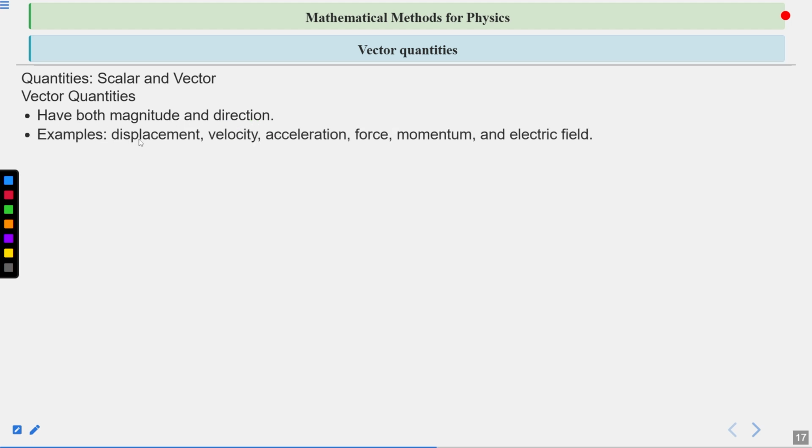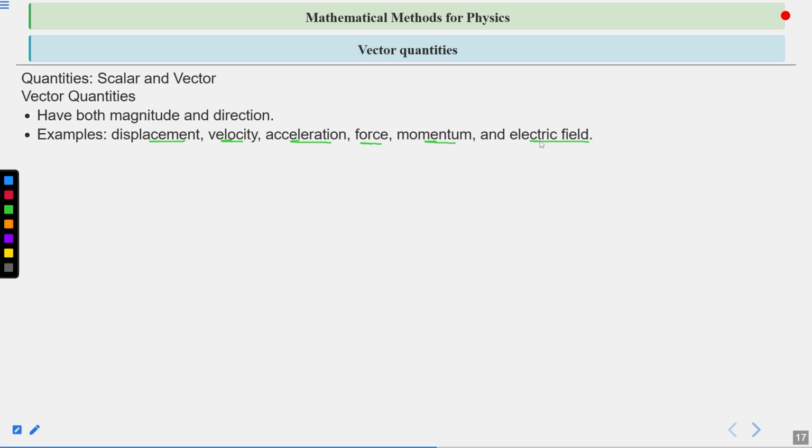Examples: displacement, velocity, acceleration, force, momentum, and electric field. About displacement, velocity, acceleration, force, and momentum, we will learn in the chapter motion in a straight line. And about the electric field, we will learn in 12th class, chapter 1.